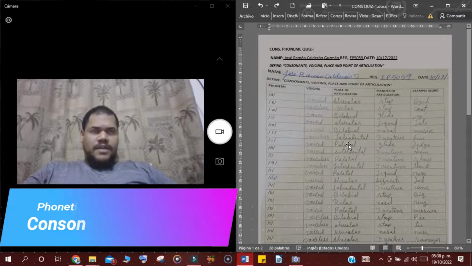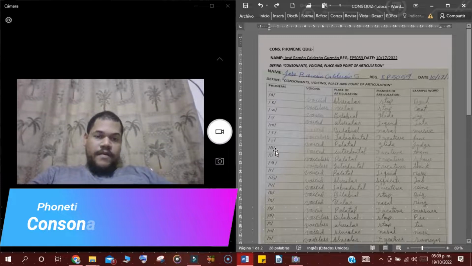In this case, let's see, jaw, jaw. It is felt at the blade of the tongue, and it is a glide, as I told you before, because the air constriction is so little that most of the time these sounds are called semi-vowels. The word that I have here is jock.